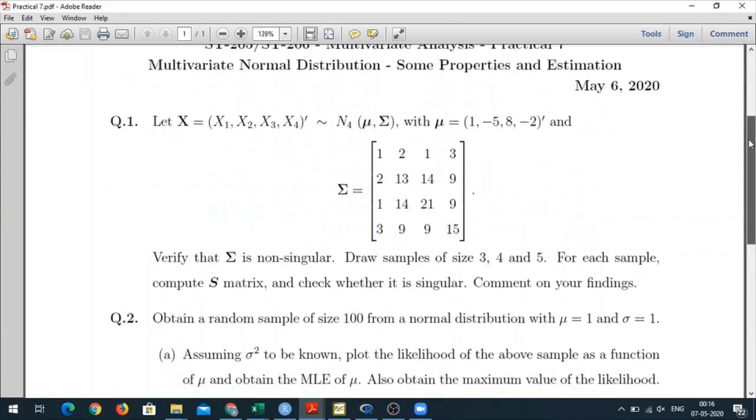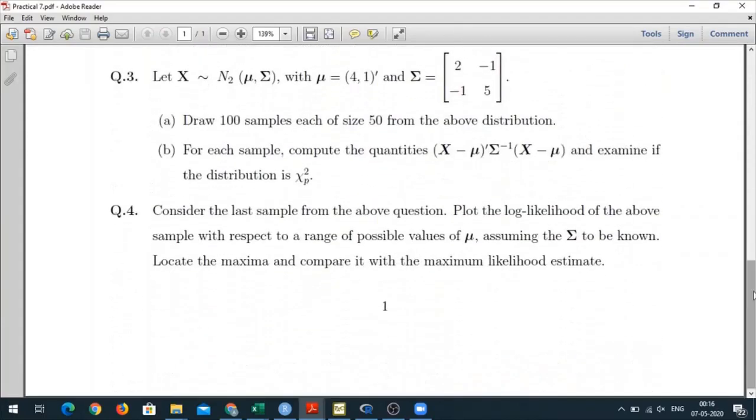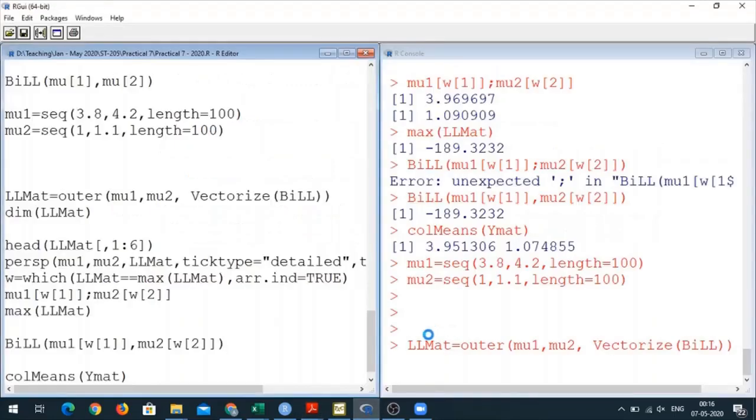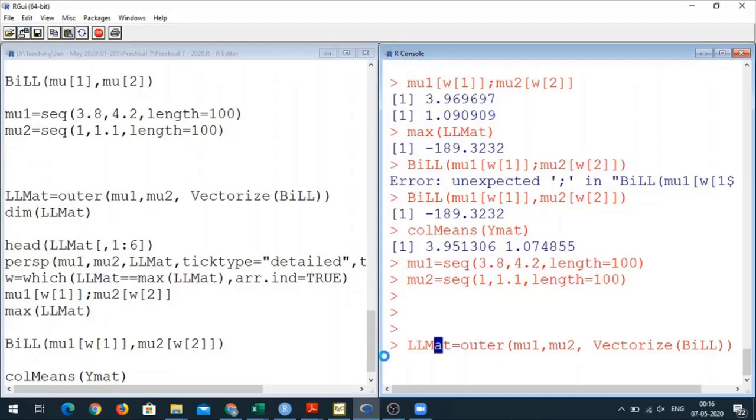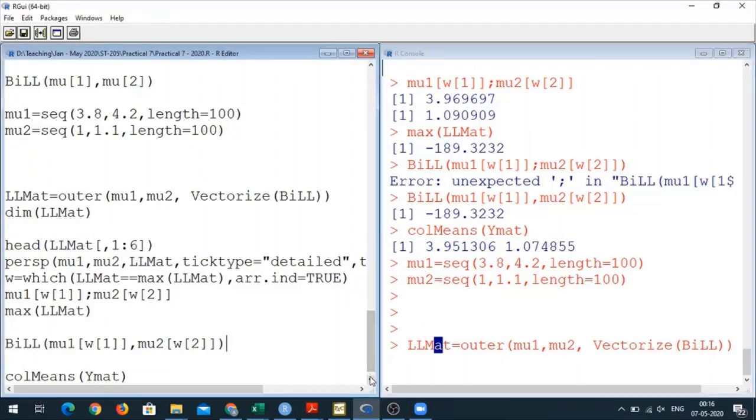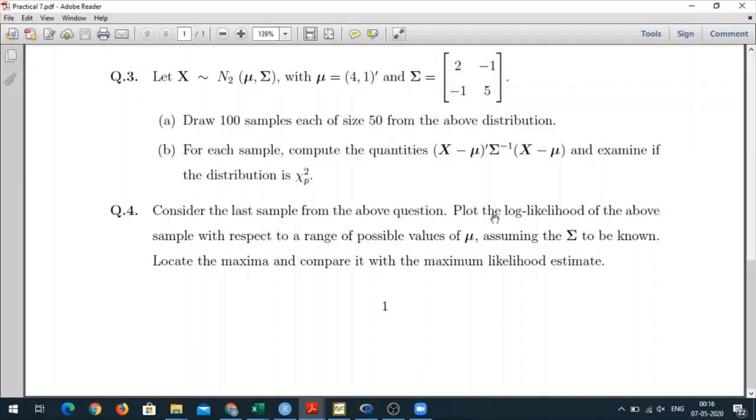So this actually finishes our current practical number 7. We'll just wait for this, and then after seeing this we will sign off. I know that many of you don't have access to any laptops or computers. Don't worry right now, just try to understand what is being done.